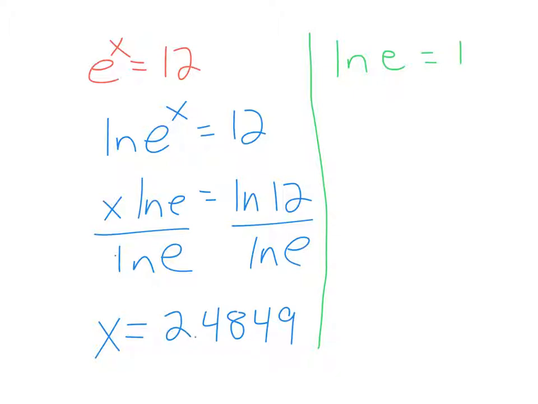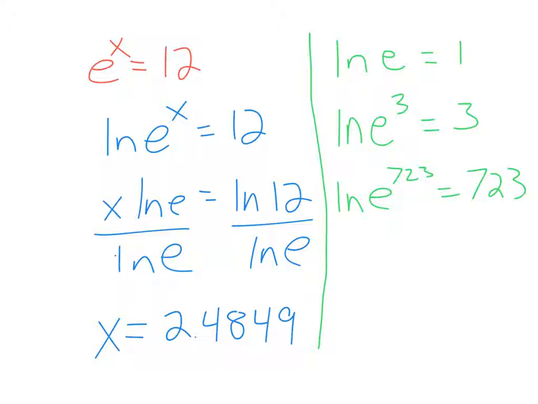Okay, then enter the natural log of e to the third, and what is that? 3. And then enter natural log of e to the 723rd. 723. Oh, it gave you an error. It was too big or something. But it would be 723.